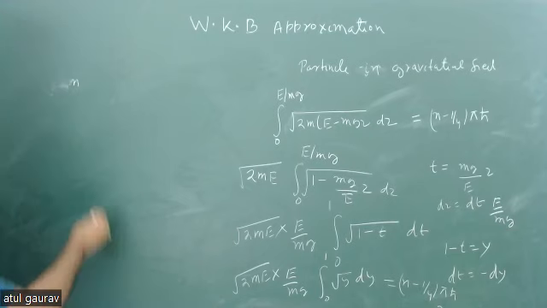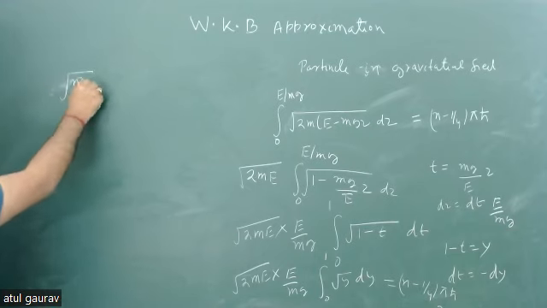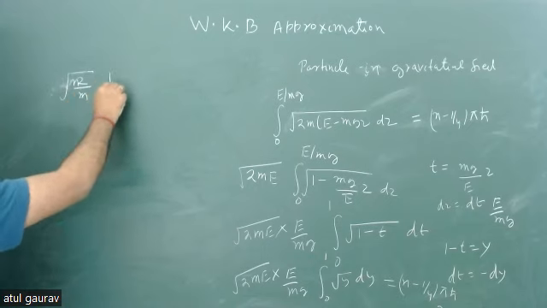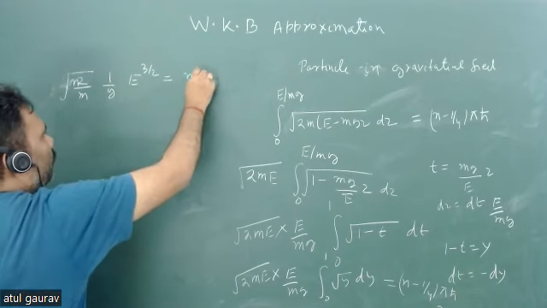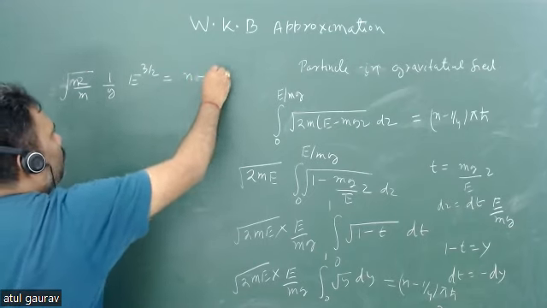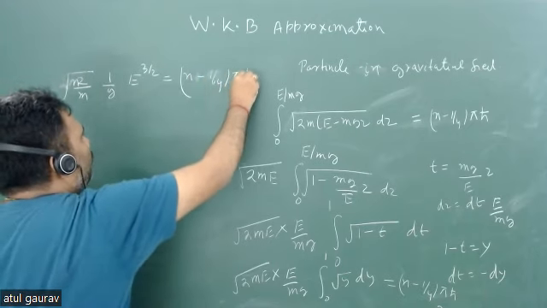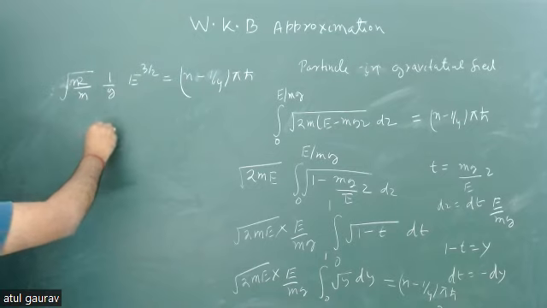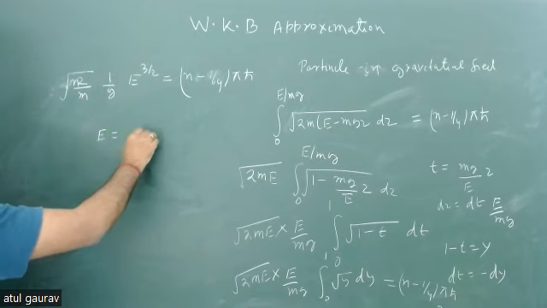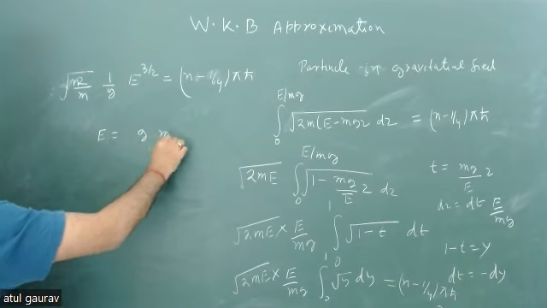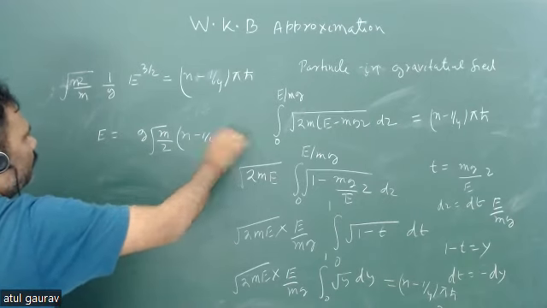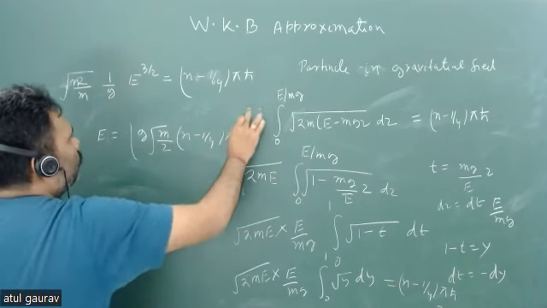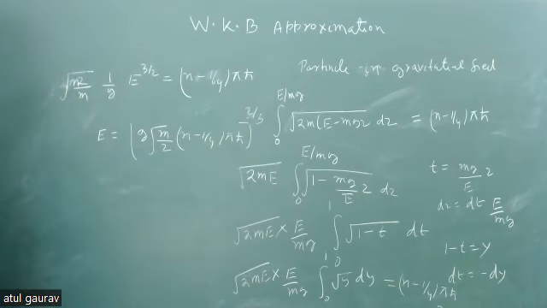So you have basically root under 2 by m, 1 upon g, E to the power 3 by 2 is equal to (n minus 1/4) pi h cut. And from here you can see E is equal to g, and you have m upon 2 root under (n minus 1/4) pi h cut to the power 2 by 3, isn't it? So here you have this particular thing.